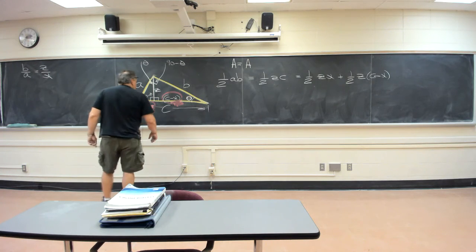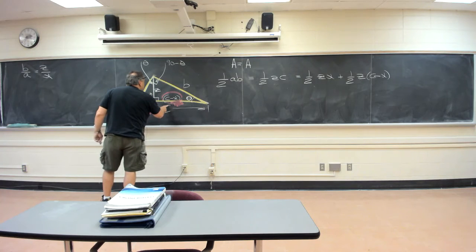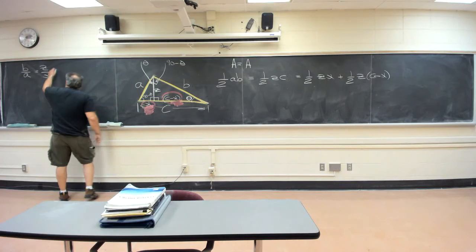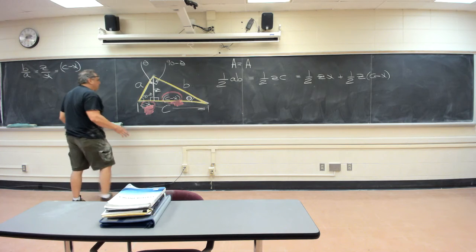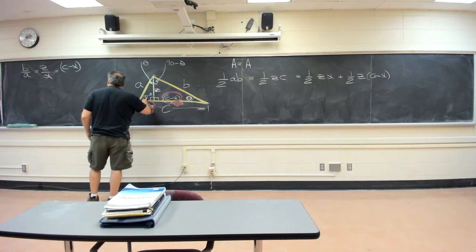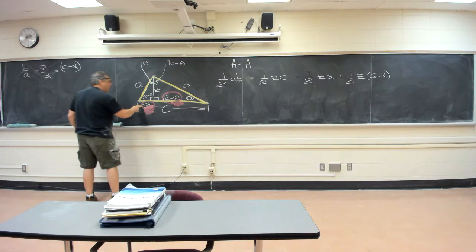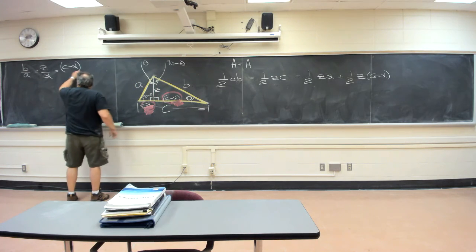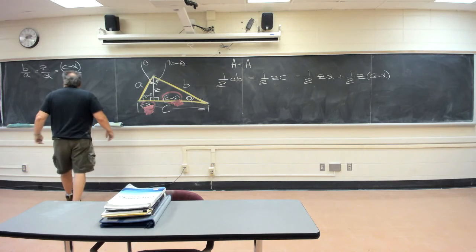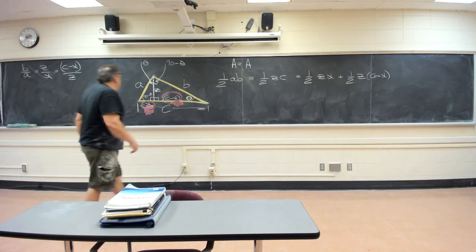And here, whatever's opposite the 90 minus theta over whatever's opposite the theta is opposite the C minus X. Keep going, and then for this triangle, whatever's opposite the 90 minus theta over whatever's opposite the theta, and that's Z. True.